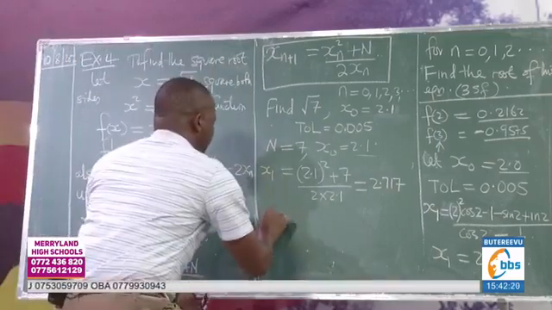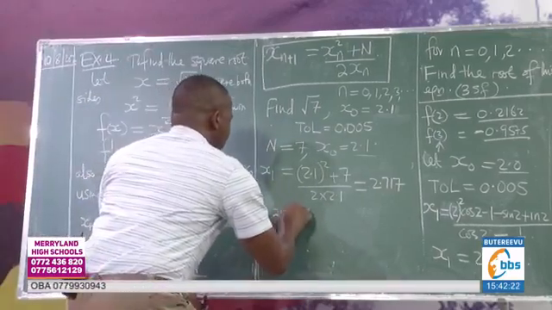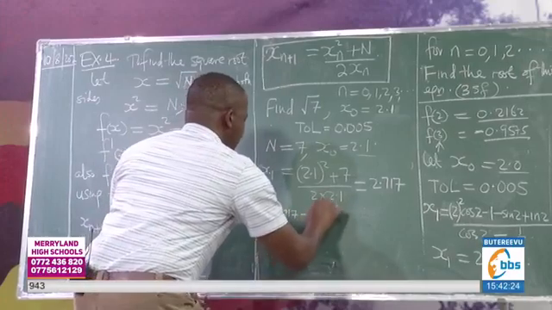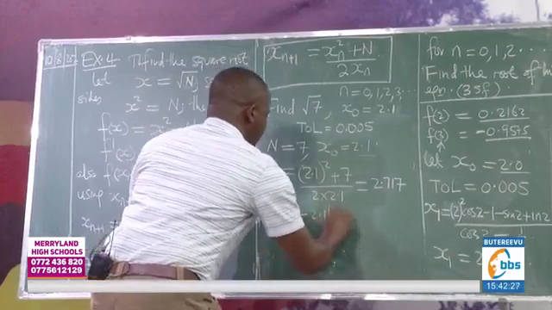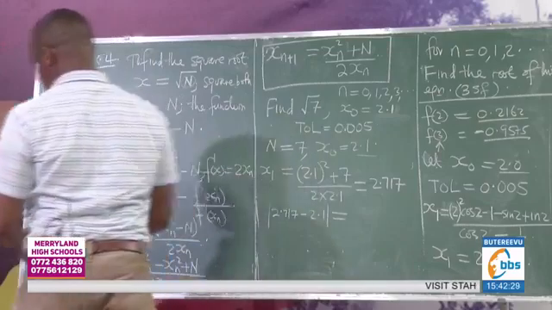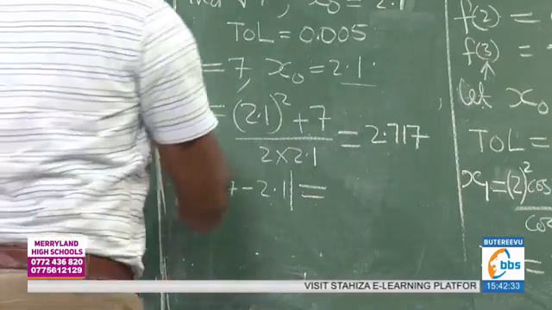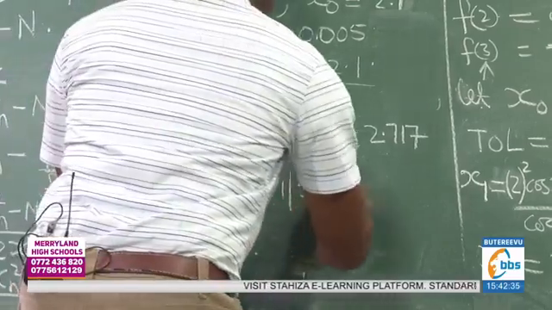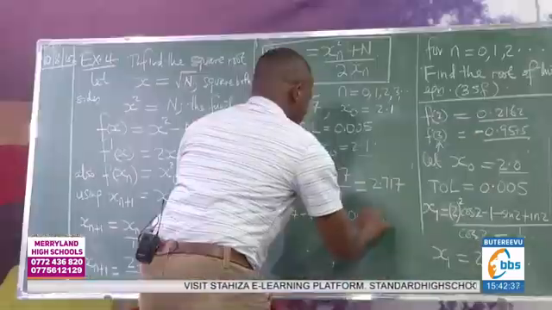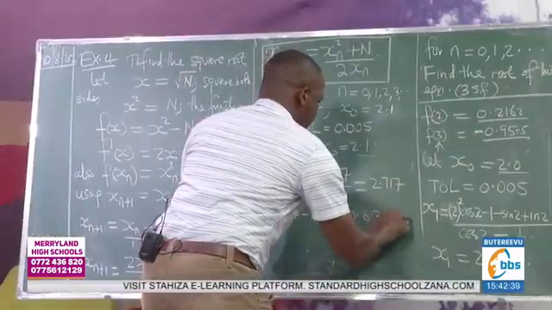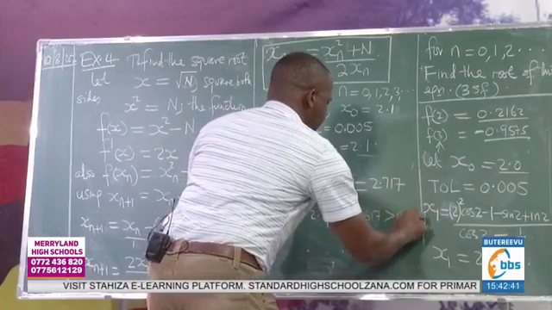We check for our error. 2.717 minus 2.1, modulus, will give us 0 point. If we subtract here, we have 0.617, which is definitely greater than this.